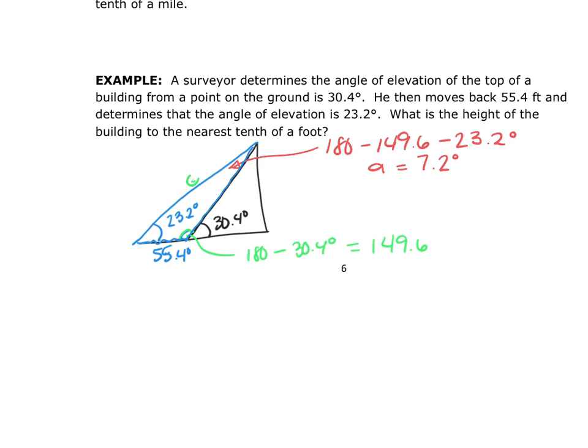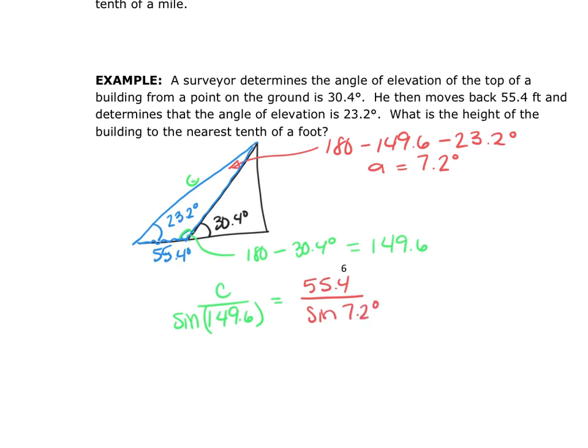Now that I've found all of my angles, I can now use the law of sines to find my C. So I have C over the sine of 149.6 is going to be equal to my alpha and A. So my A was 55.4 over my alpha, which is the sine of 7.2 degrees.